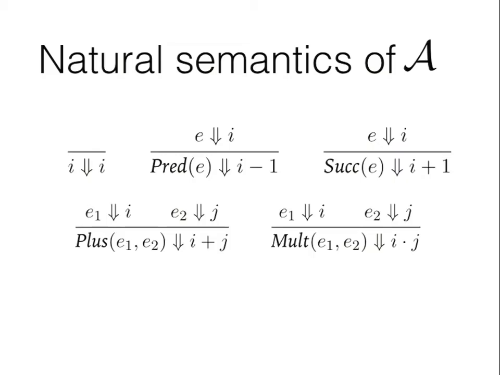If you've got the predecessor of an expression, you first evaluate the expression and get an integer back, and then you subtract 1 from it, and that's what predecessor of E means. In other words, if E evaluates to I, then predecessor of E evaluates to I minus 1. So it's all pretty simple. How do you do predecessor? You subtract 1. How do you do successor? You add 1. How do you take the plus of two things? You add them together.